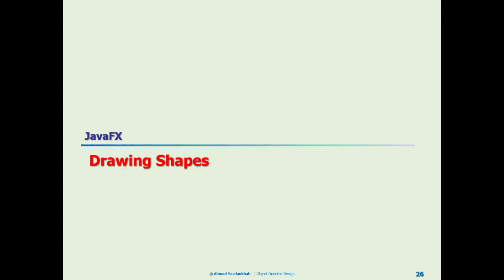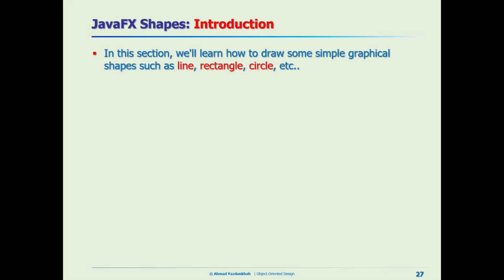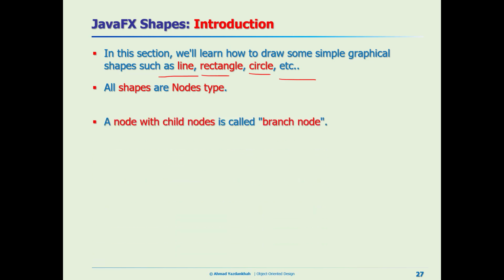In this section, we want to learn how to draw shapes. The shapes that we are going to learn how to draw are line, rectangle, circle, and also some more complicated shapes, which are combinations of these. What we need to know is that all shapes are nodes, and also that a node with child nodes is called a branch node.